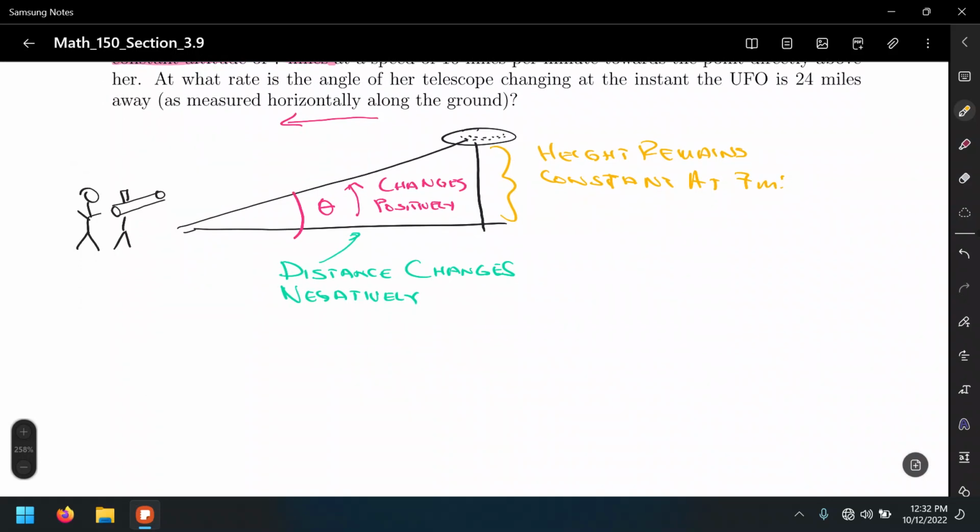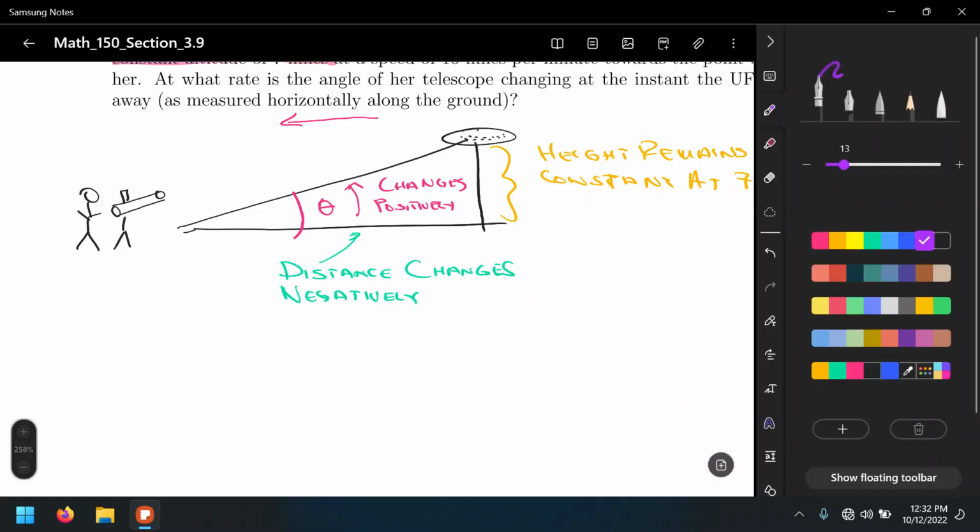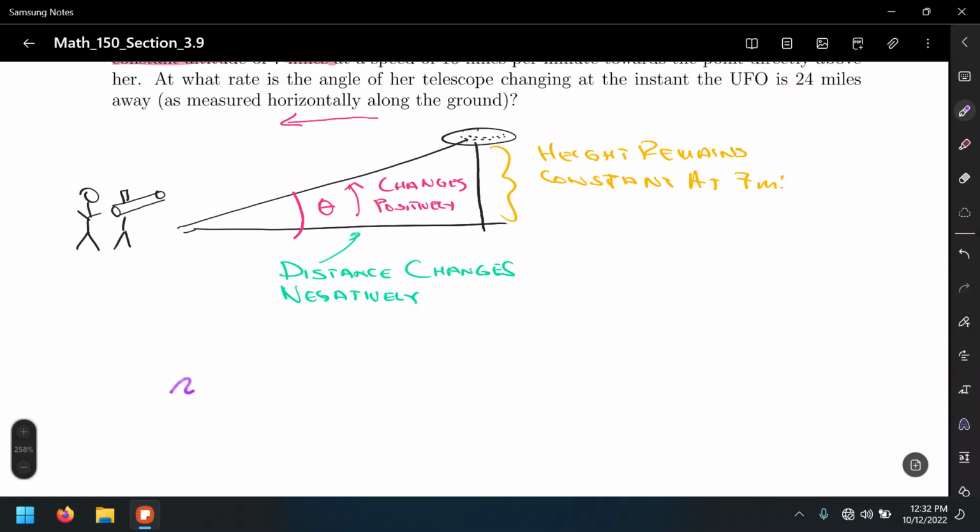This one is just a picture of the situation. So let me draw another triangle. In this case, the variables in question are theta, x, and y. We don't care about this diagonal distance. We can call it L, but it's not in the conversation here, so we can disregard that part.